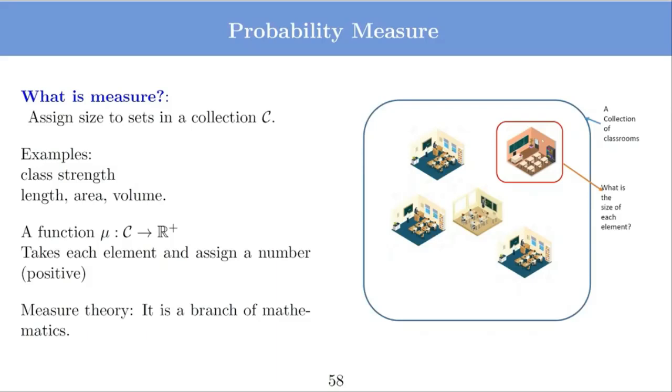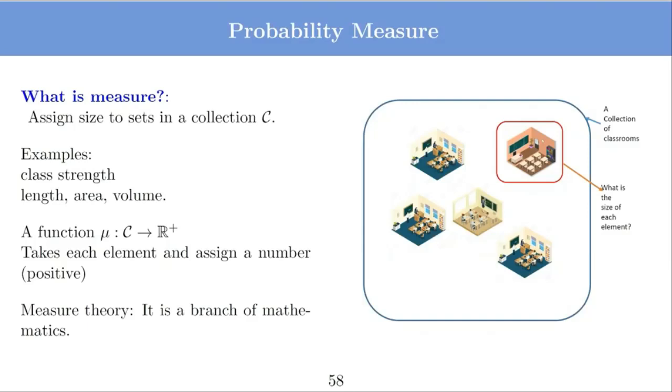Let's take this particular example. Here is a collection of classrooms. Each member of this collection is a classroom. So you can think of lecture hall 1, lecture hall 2, lecture hall 3, or from the course perspective, this is course 1, this is course 2, course 3. And then when you collect them, this is a collection.